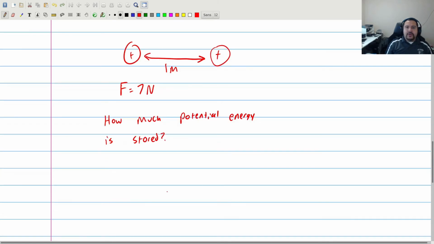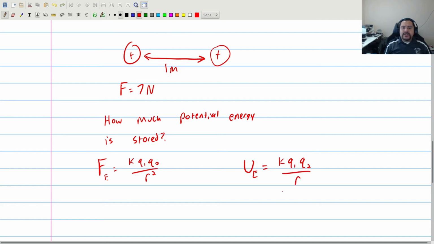Well, in order to solve this problem, we think about the two formulas. Fe is equal to K Q1 Q2 over R squared. We also know UE, electrostatic potential energy, is equal to K Q1 Q2 over R. So the only difference here is an R in the denominator.